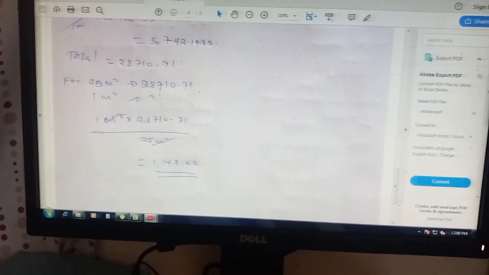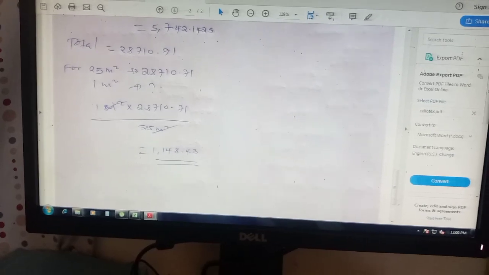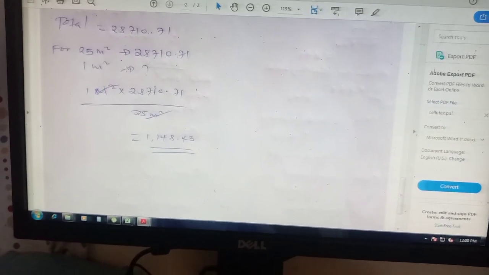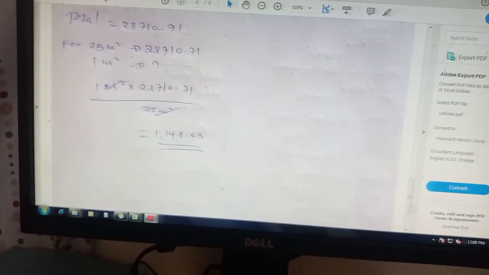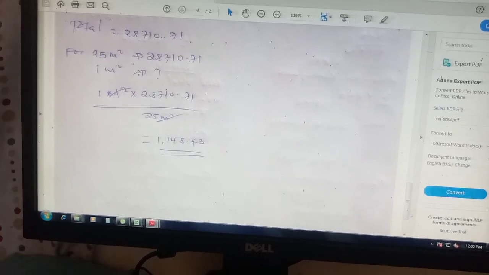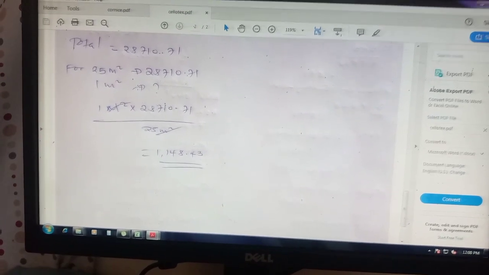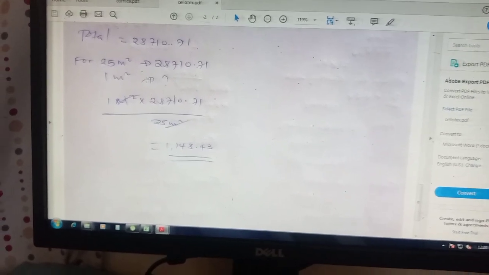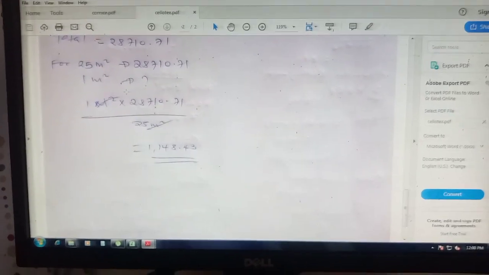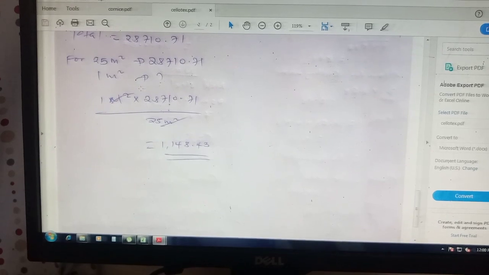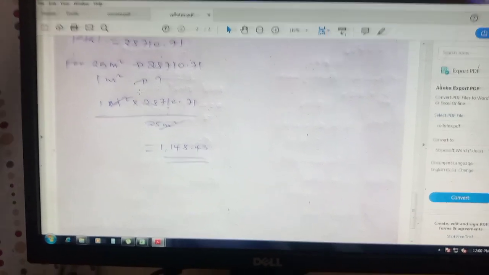So you divide that cost by 25 square meters, and the rate for ceiling works for Celotex will be 1,148.43. So when you are costing for ceiling works for Celotex, that is the rate that you will use when the factors we have been given are the same. That is how it is calculated.